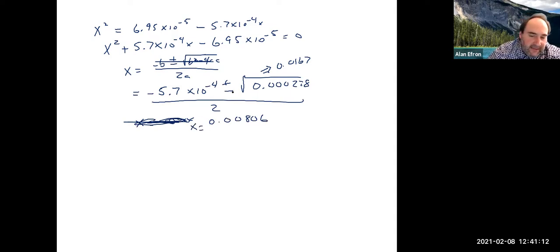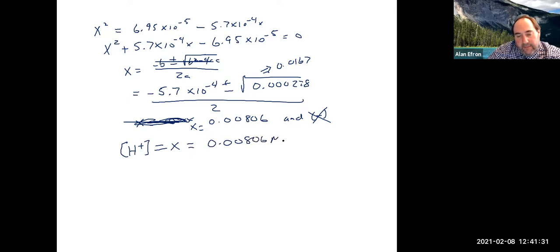If we did the negative and subtracted, we would get a negative number, which obviously would be no good in this particular case. That means that is our x value. If we go back to our table, H plus equals x, which would equal 0.00806 molar.